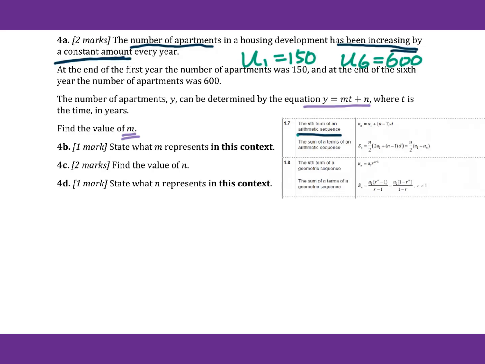And for arithmetic sequence, we can write down in a linear equation form like this. So what's the relationship between this formula and this linear function? Let's compare these two.